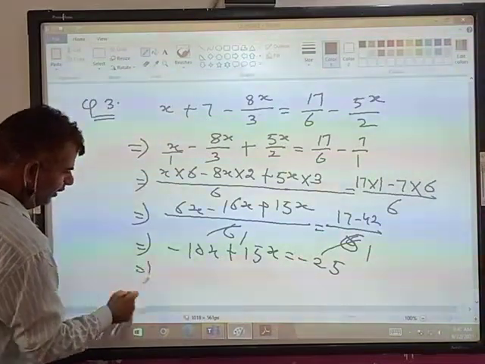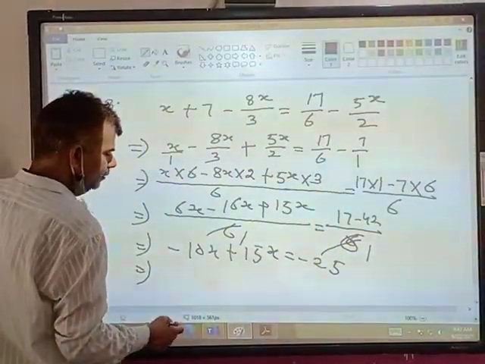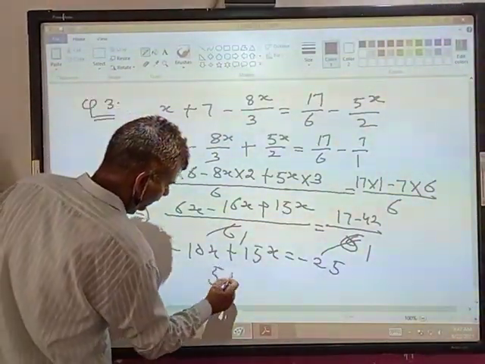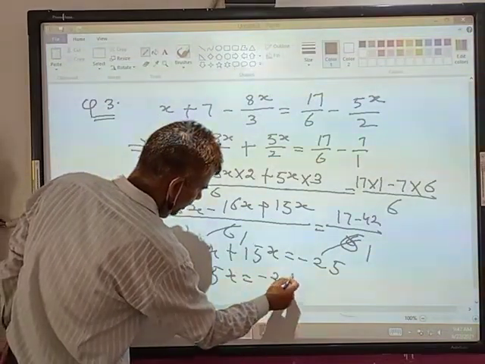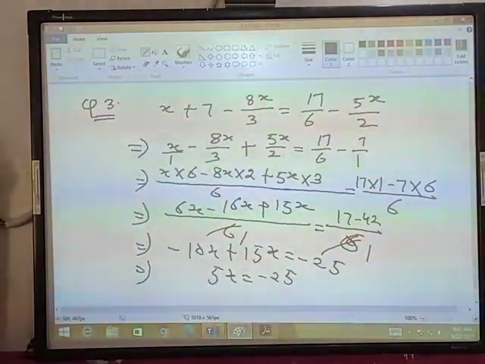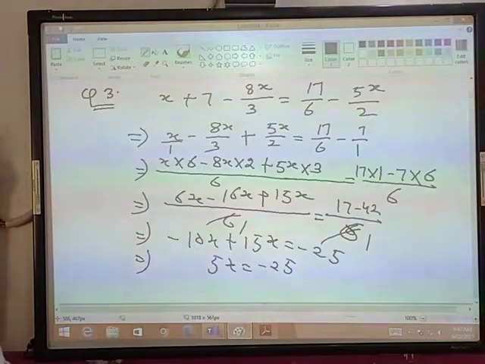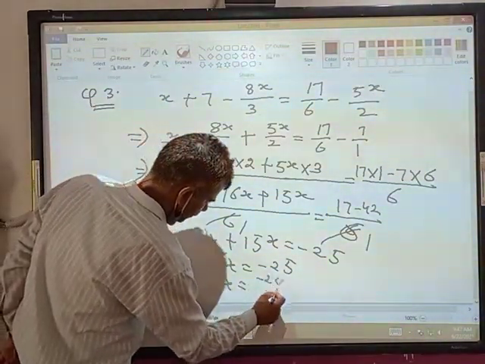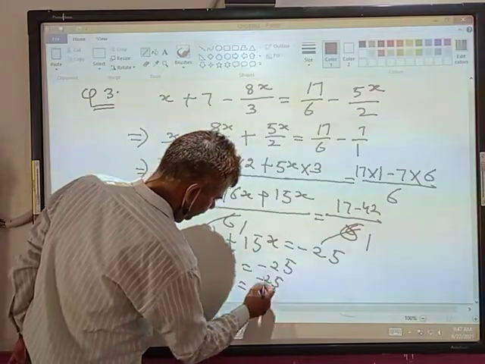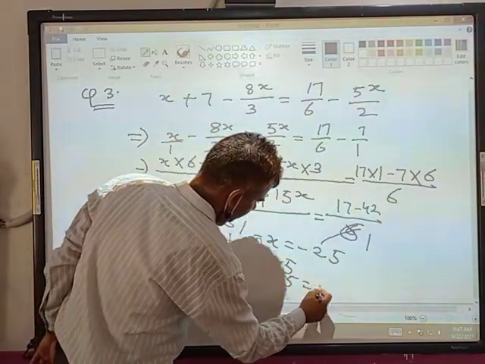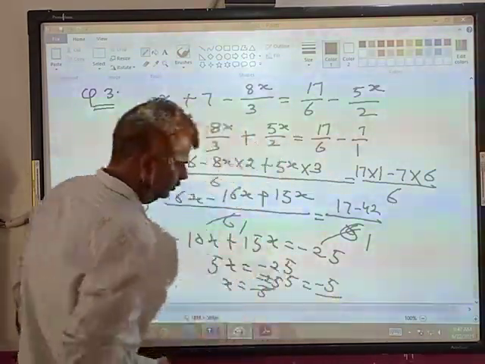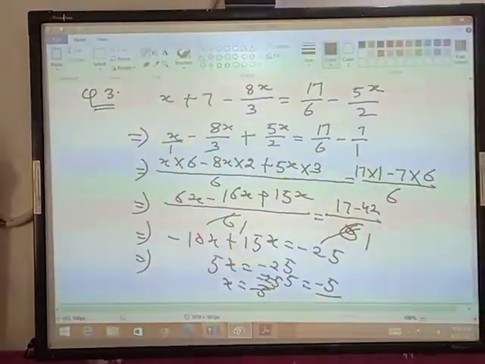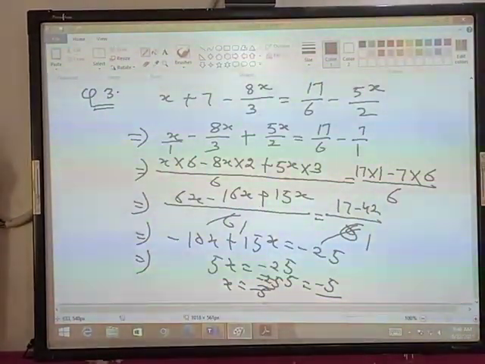Now student, −10x + 15x, that is 5x. 5x is equal to −25. So x is equal to −25 upon 5, x is equal to −5. Then x is equal to −1.